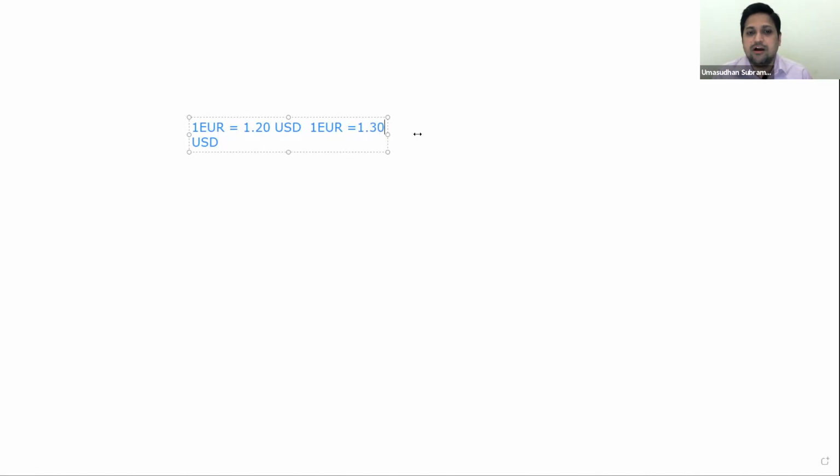What is happening to the dollar? Is the dollar appreciating or depreciating? To buy 1 euro, you were paying $1.2, and now you are paying $1.3, so your dollar is depreciating. Now, earlier the US exported to Europe a product which cost 100 USD.